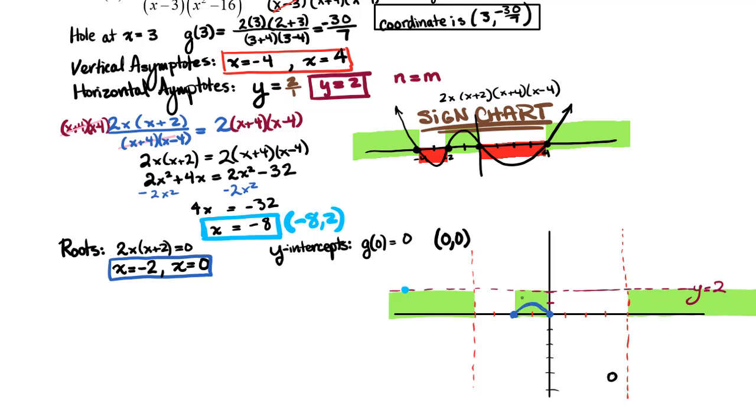So I'm going to connect those dots with a curve, and then I'm switching to negative, so I must approach this vertical asymptote on the left and also the vertical asymptote on the right. I never cross the horizontal asymptote on the right side of my graph, so this is just a curve approaching both the horizontal and vertical asymptotes.